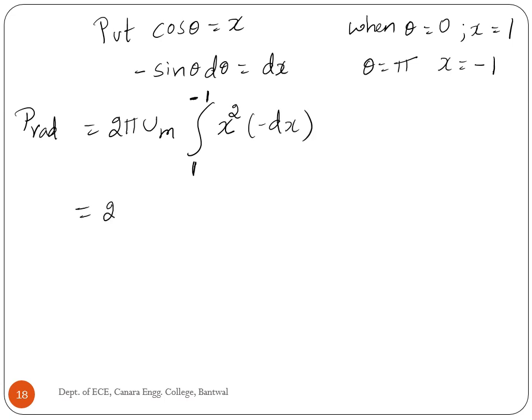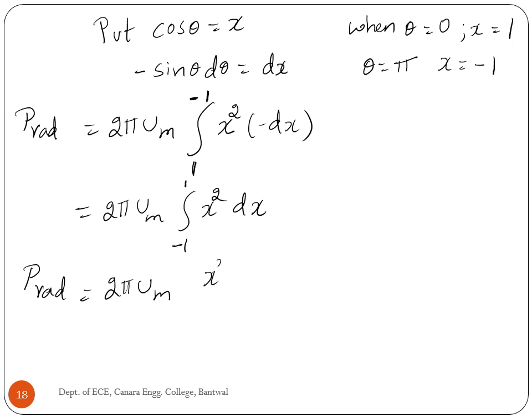To change the minus sign, I'll change the limit, that is minus 1 to 1 x square dx, which is equal to 2 pi x cube by 3. It's an integration of x square, limit minus 1 to 1, which is equal to 4 pi by 3.